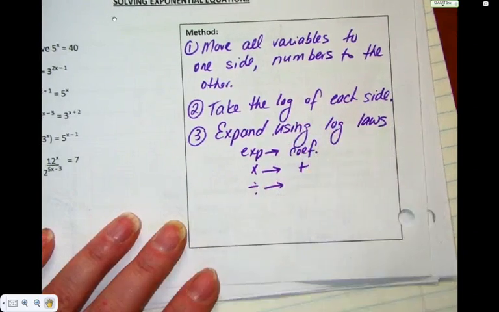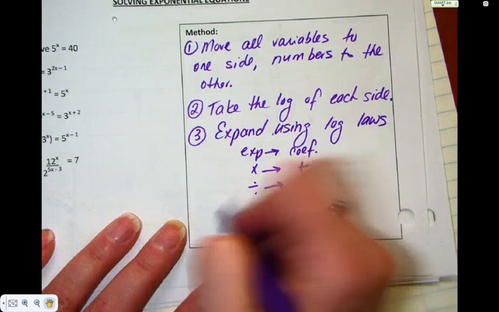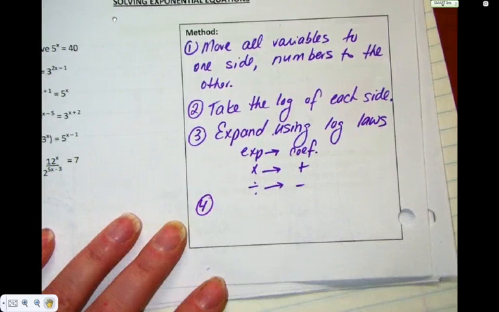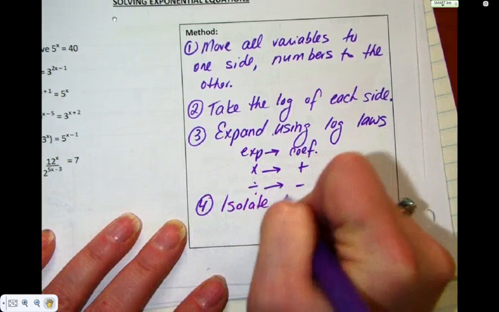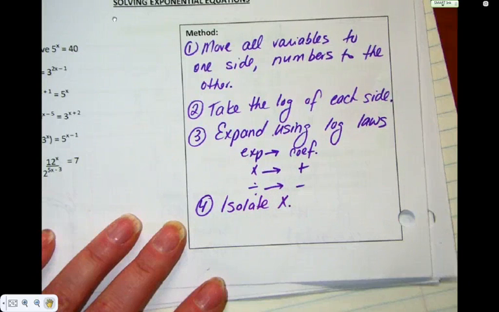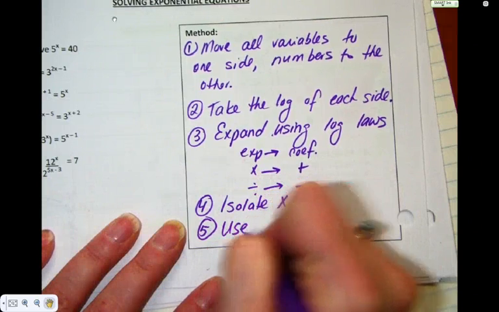Division becomes subtraction. Step 4, isolate x, and the last step, use your calculator.